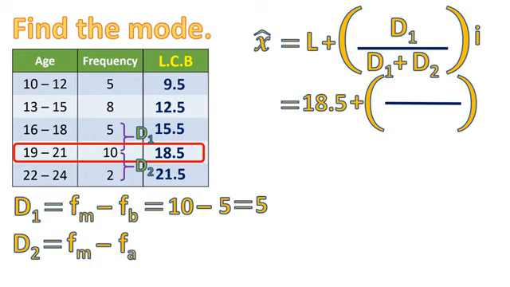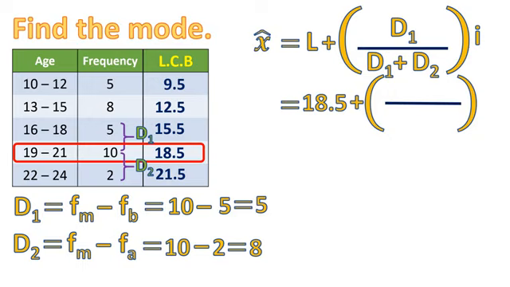The same way, if the given is from bottom to top, then the frequency after is on top of the modal class. So let us substitute. This is equal to 10 minus 2. So it is equal to 8. And these two are the values that will be substituted in the formula.